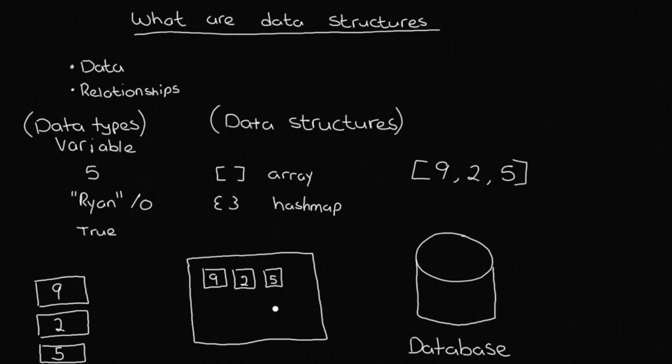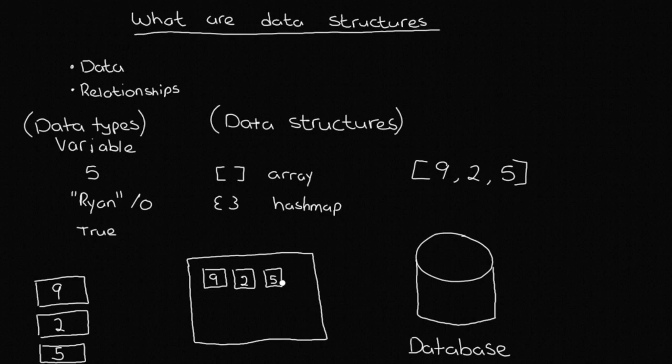In this example, you can see that we've got one big box and all our variables are contained inside this box. Then if we move on to the next level, our data needs to be stored somewhere. If we want our data to persist and we don't want it to be deleted when our machine is turned off, we need to store the data somewhere so it will be available the next time we want to use our machine.